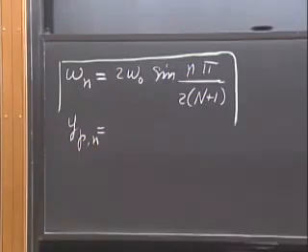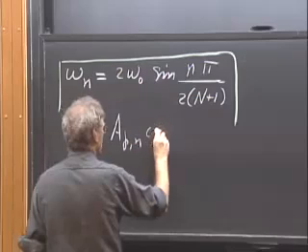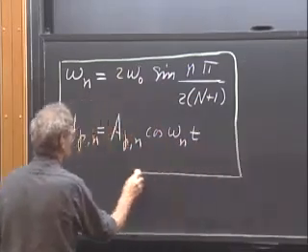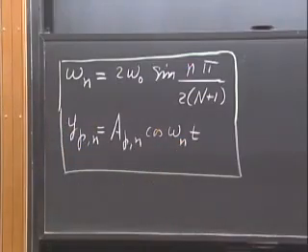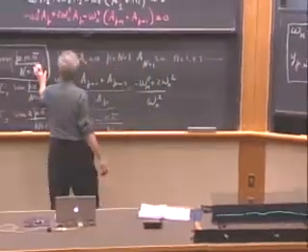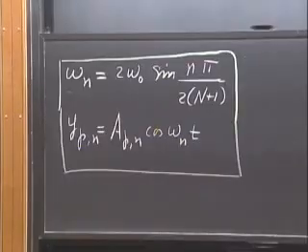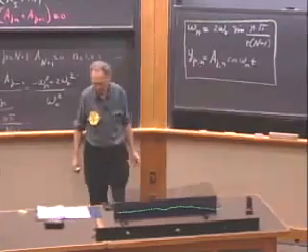And now we can put in the amplitude that we know, that is the Pn amplitude, a Pn, and now it's going to oscillate with cosine omega n times t. And of course, you can always add a phase angle, depending upon at t equals 0, what the particle is doing. And so, this one gives you the amplitude, this one gives you the frequency, and this then is the time dependence of the displacement of particle number p in mode n.